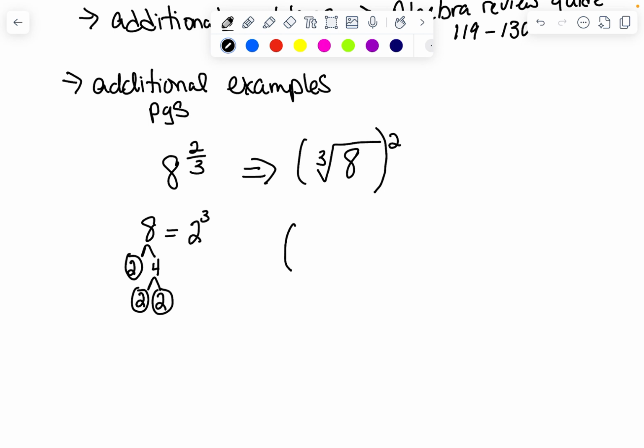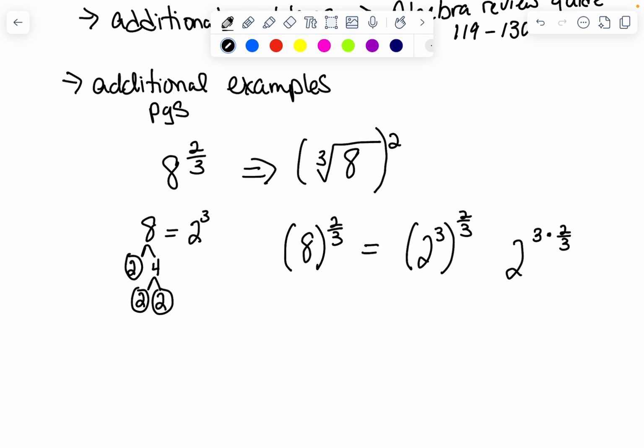So let's do that. We have 8 raised to the 2/3. When we substitute in, we can say that 8 becomes 2 to the power 3, that's its prime factorization, raised to the 2/3 power. Now here, we would use our knowledge of fractions and the power of a power property to evaluate this. The power of a power states that we can multiply. So we can have our base 2, and 3 times 2/3.